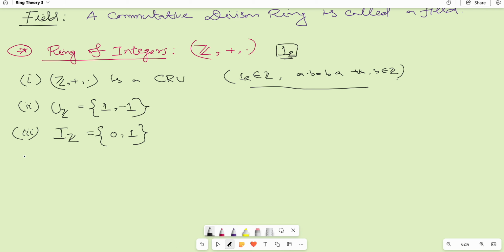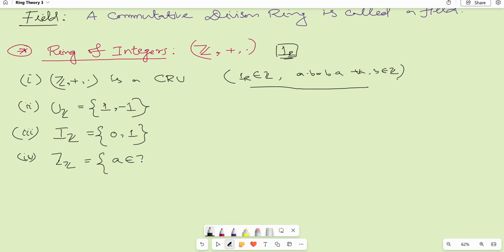And the fourth property I'm going to write: what are the zero divisors? Z of Z means the zero divisors, right? What is the definition of zero divisors?